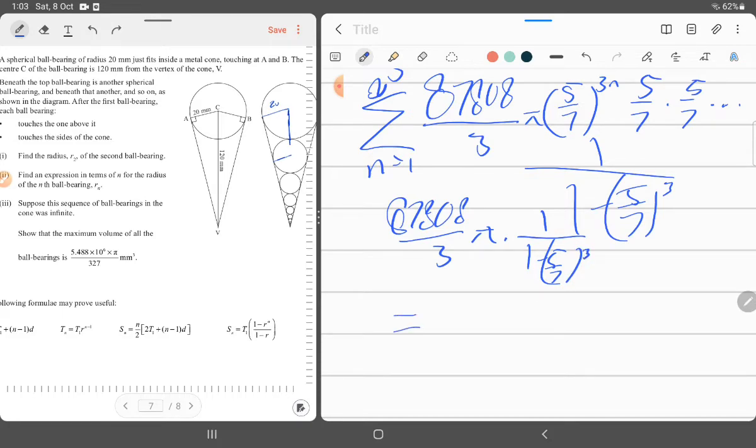87808 over 3 pi over 1 take away 5 over 7 cubed. Is that correct?